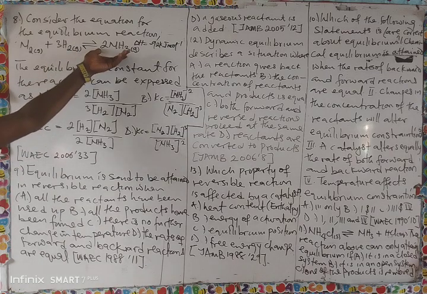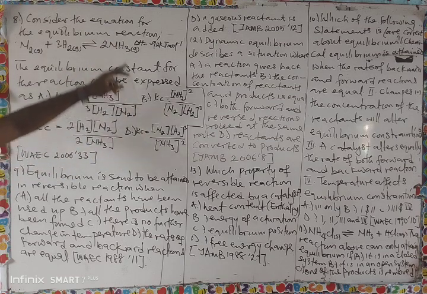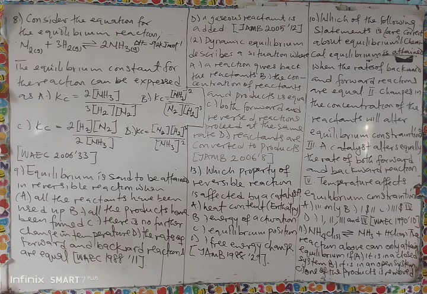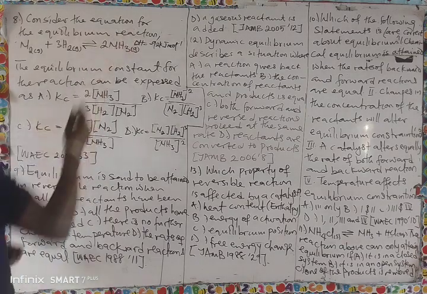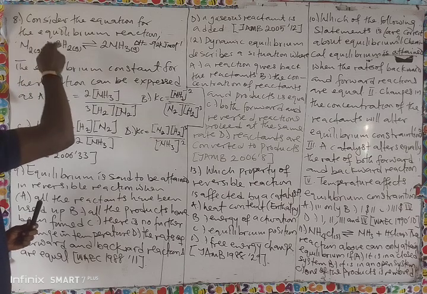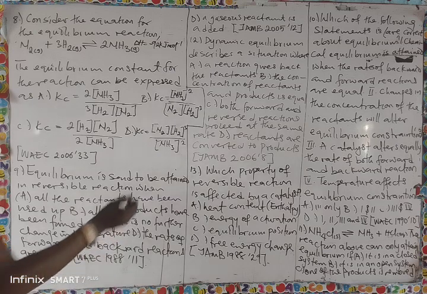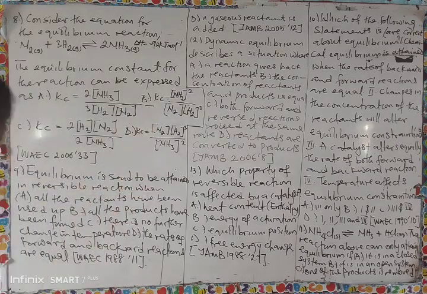Product over reactant. You say D? No, cannot be D. Product first. It's going to be this one, raised to power this 2, over this one and this one in square brackets. That's option what? B.